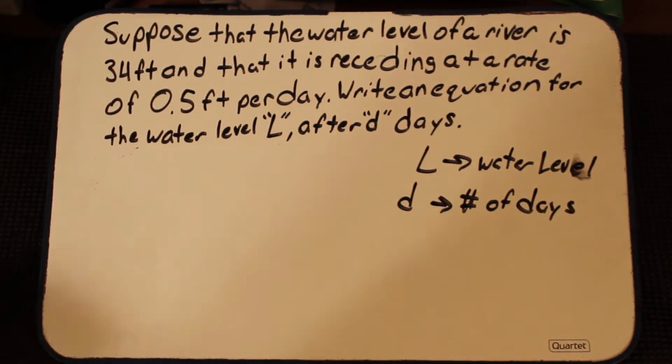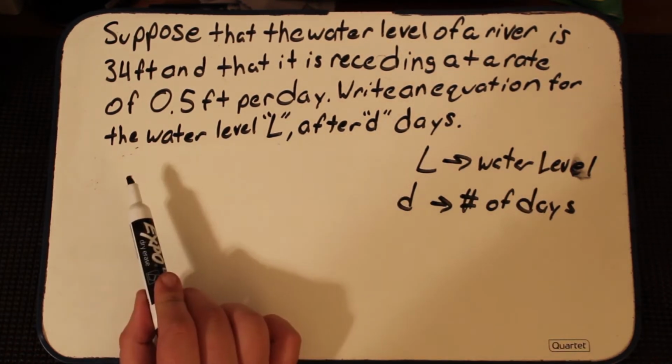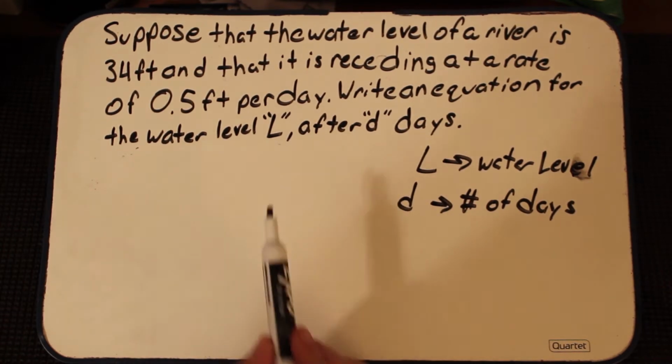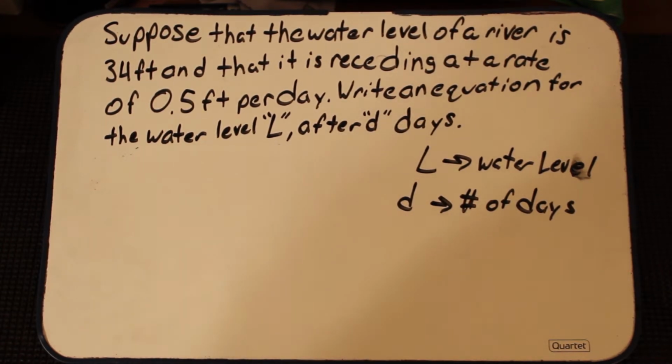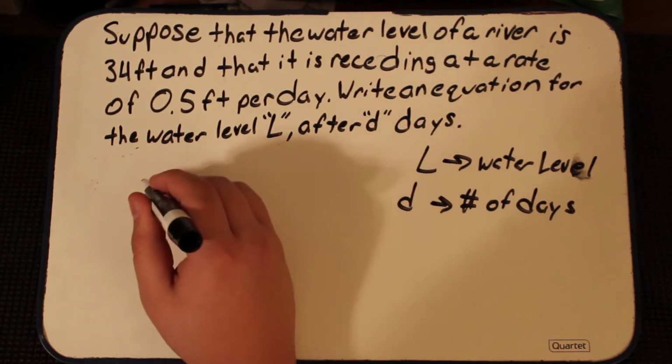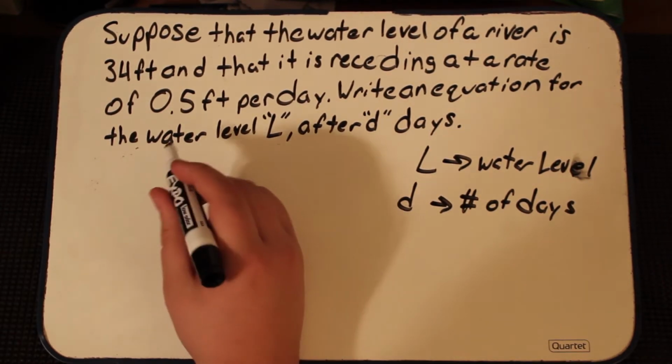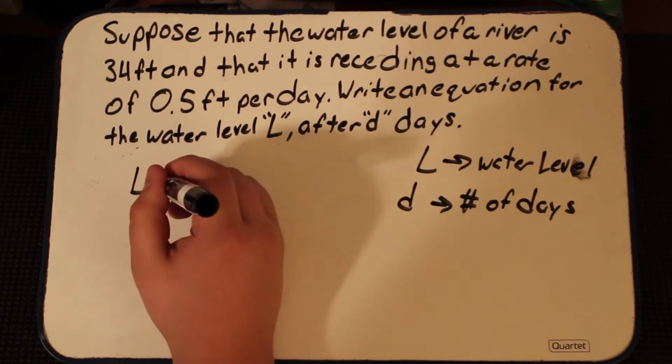Now it's important to ask the questions, what are we looking for? What are we trying to find? Well, it's asking us to find the water level after so many days. So our final answer here is going to be the water level. So I would say, maybe write L down.